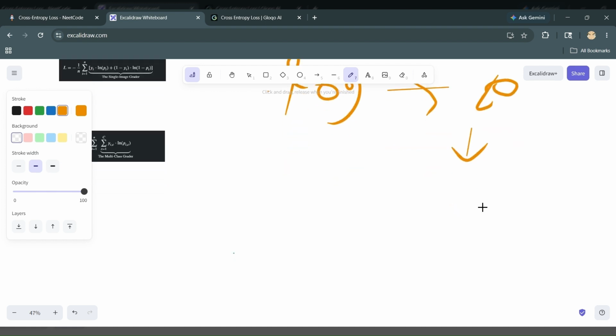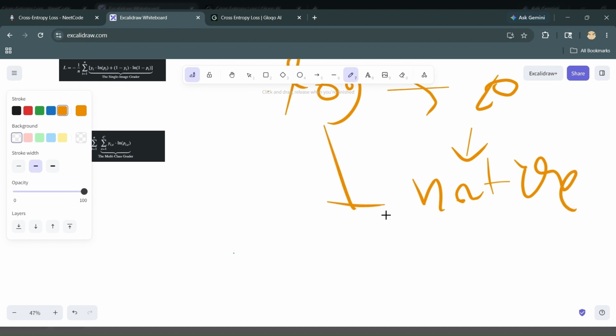E is the natural limit one can achieve, and log is something like the amount of time or the amount of experiments you need to arrive at this natural point.